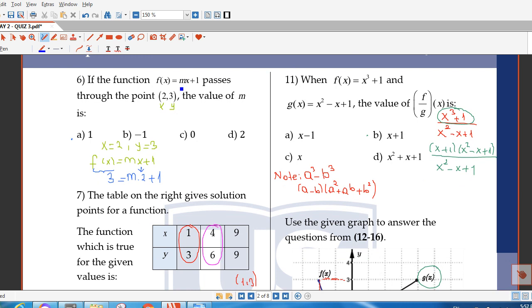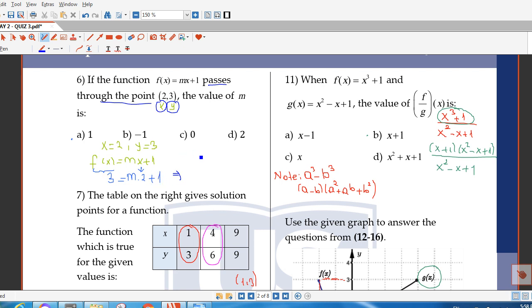Question 6, there is a function, there is a point, and the function passes through the point. Whenever we have a question like this, the function passes through a point or vice versa, the point is on the function, we should write the x value instead of x in the function and the y value instead of y in the function. x is 2, y is 3. f of x was mx plus 1, f of x is y, write 3 instead of y and 2 instead of x.